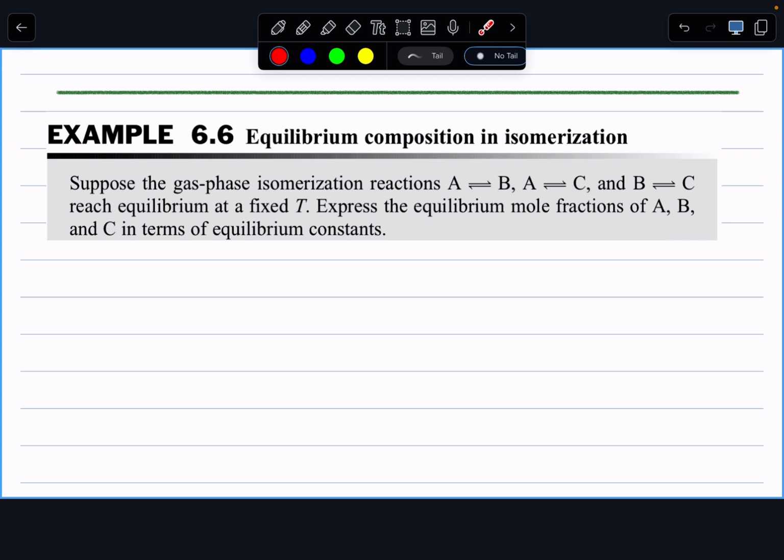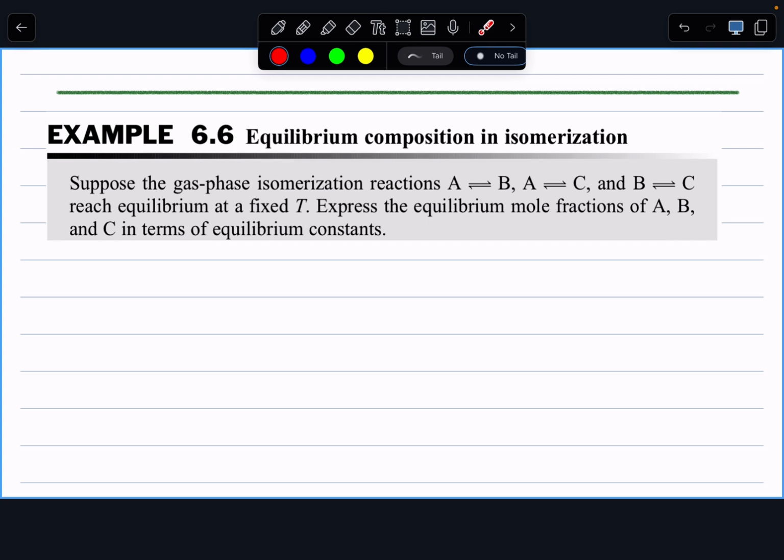So here, what do we have? If we're reading the question together, we should first write down what the question is asking for. The question is asking to express my mole fractions, chi A, chi B, and chi C, by the equilibrium constants K_AB, K_BC, and K_AC.